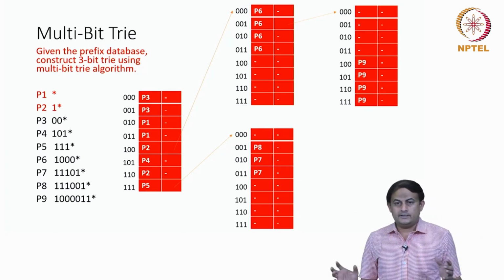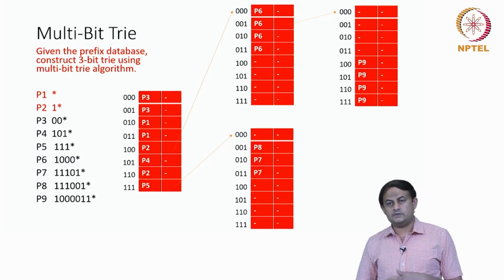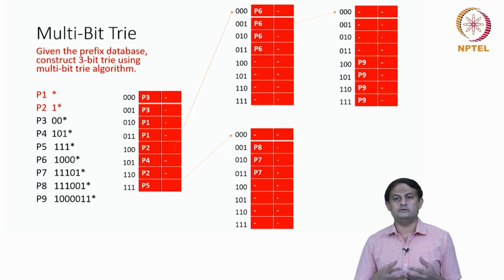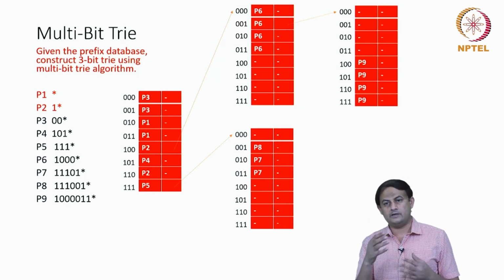And just to summarize, what is the multi-bit trie? You look for all the prefixes in your routing table, and you decide the number of bits that you want to match, and construct a table for k bits at a time.